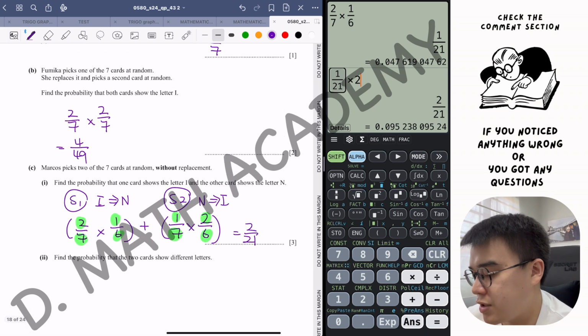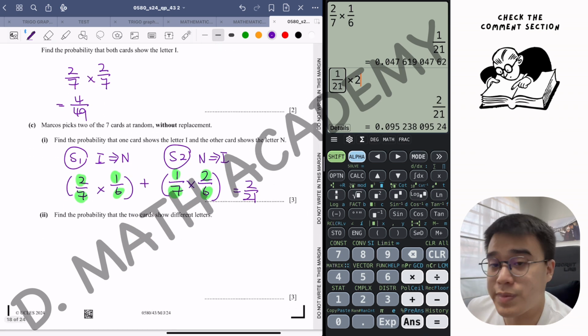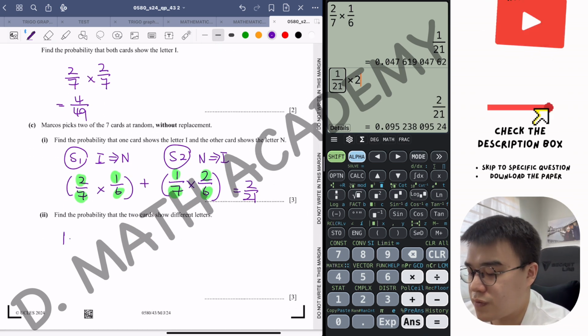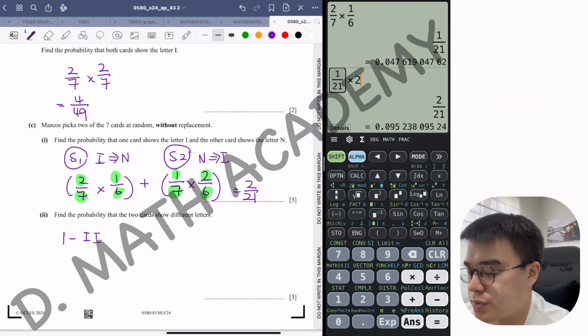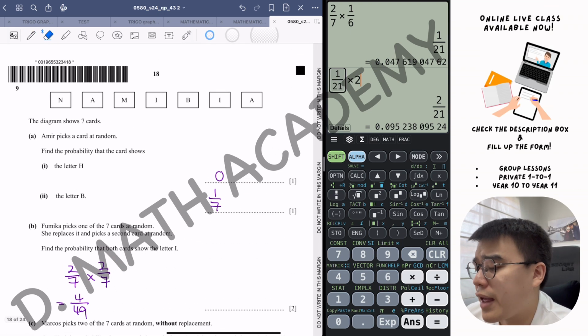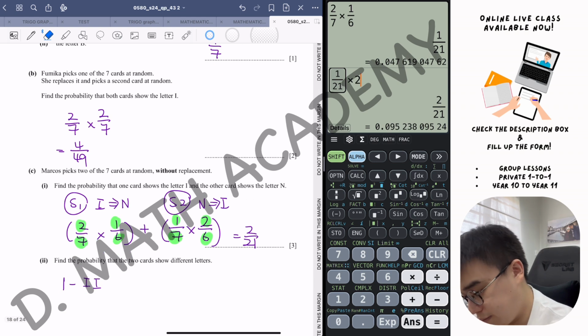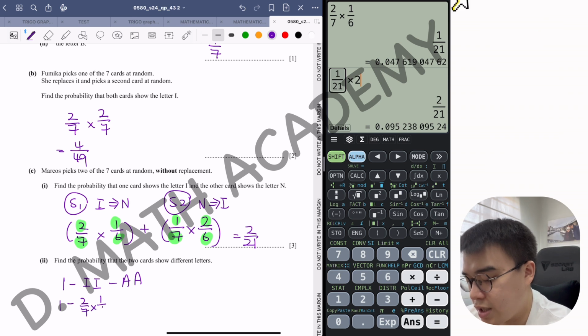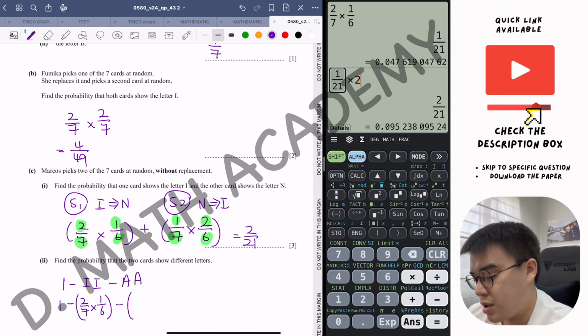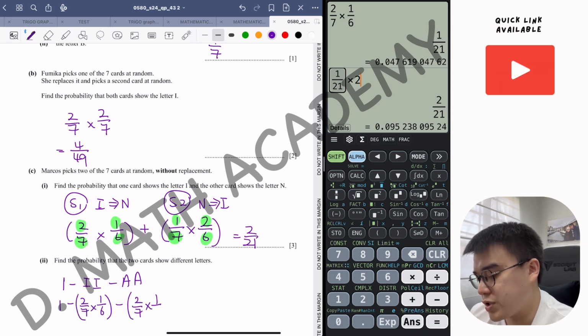Part 2 is testing your proficiency in the probability chapter. You just have to take 1 minus those who can potentially repeat. So this will be I and I, and A and A. Because they are the same, there's no need to change anything or do any rearrangement swap.